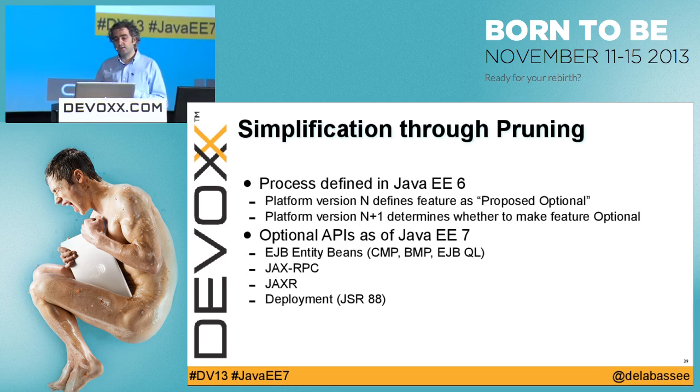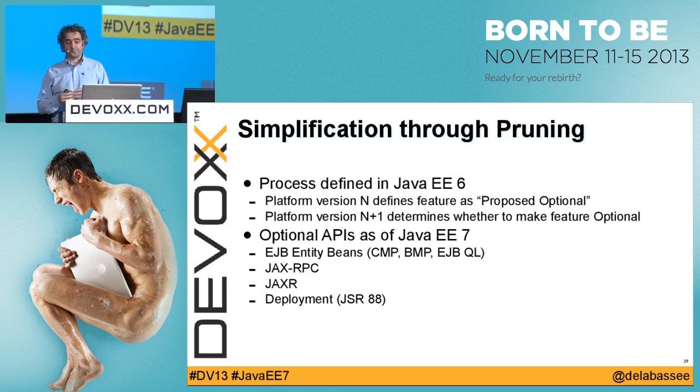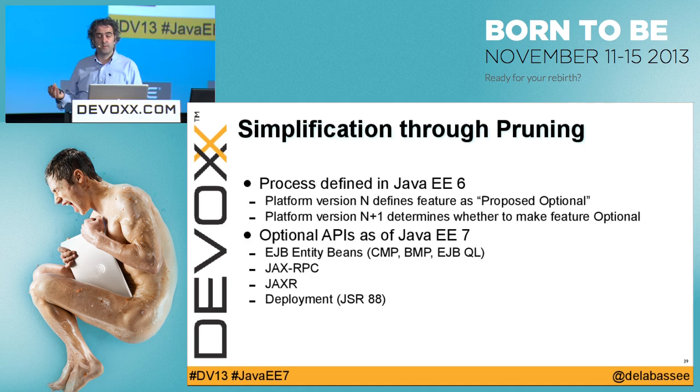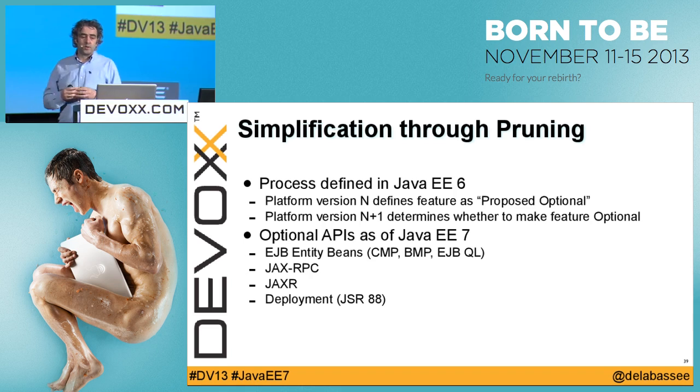If we look at the features that were marked as proposed optional in Java EE 6: entity beans, so container managed entity beans, bean managed entity beans, EJB QL. Clearly, I don't think anybody is still using those technologies today. JAX-RPC, JAXR, JSR 88.